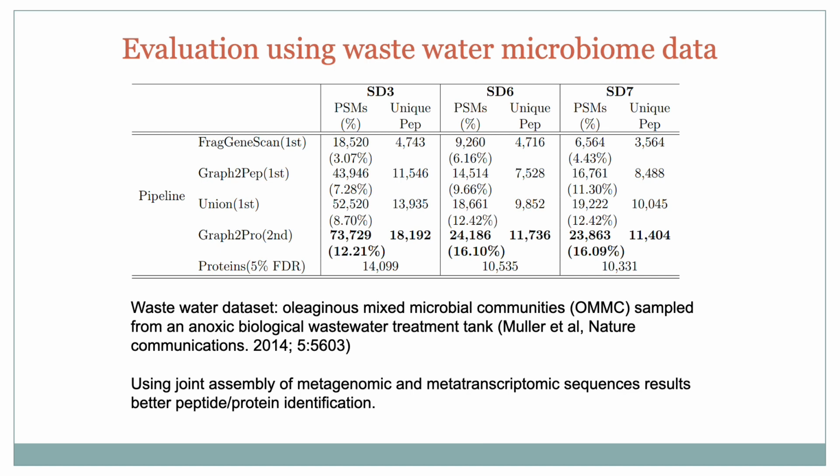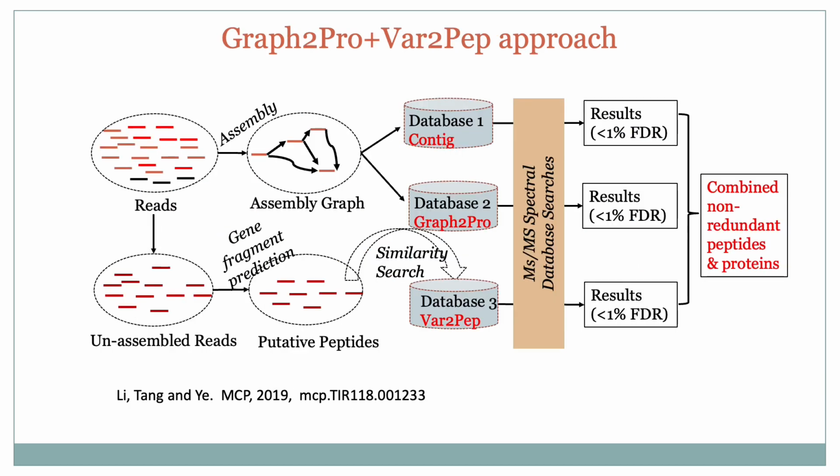But if we utilize the assembly graph, we show that we can dramatically improve the identification of spectra, although the ratio is still pretty low for this wastewater microbiome data.